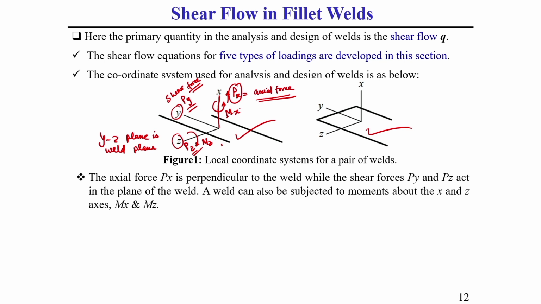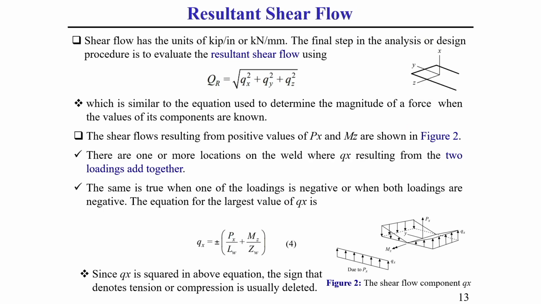Always keep in mind that m x is called the torsional moment m t or torque T, and the moment m z is equal to m b, the bending moment. So, this is the coordinate system we got.